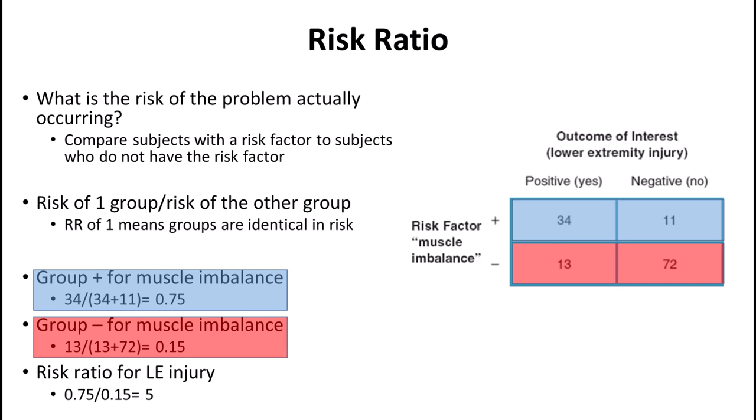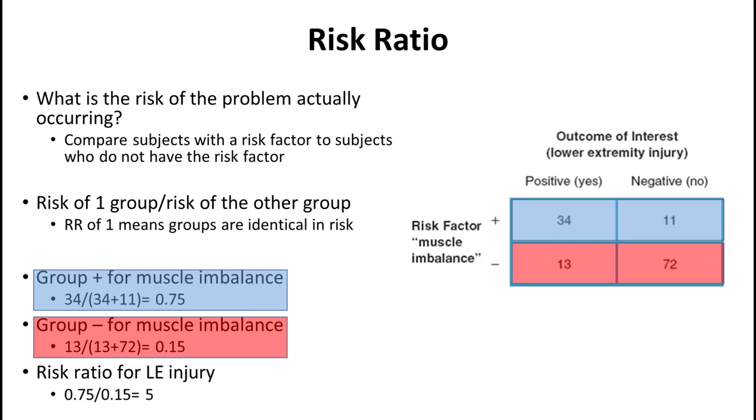So the question is, what's the risk of one group, the group with muscle imbalance, versus the risk of the other group, those without muscle imbalance, for getting a lower extremity injury?